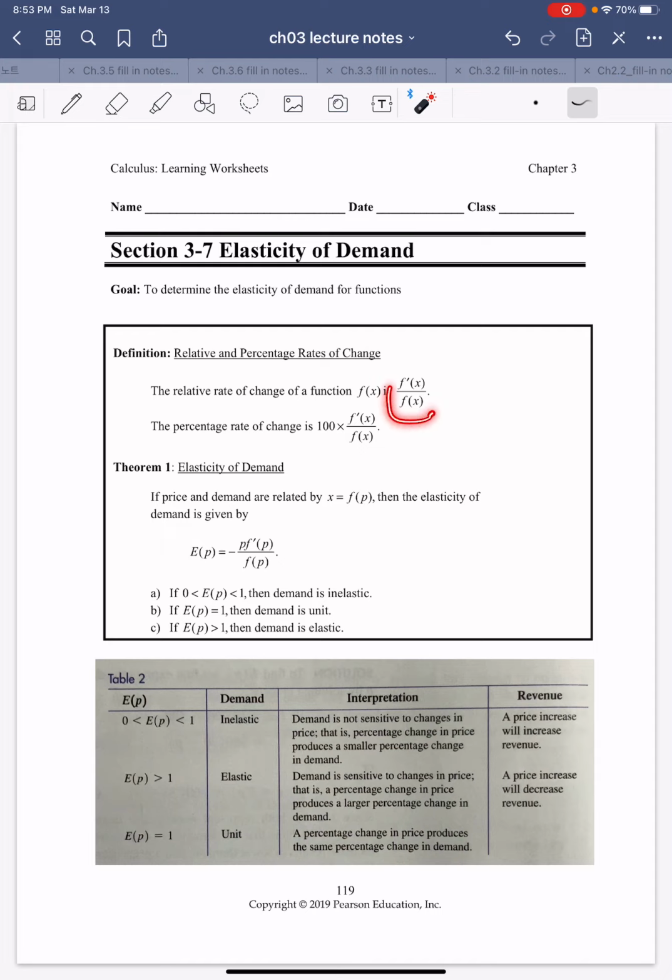Very similar to relative rate of change, except we have a p and the function is written as f of p, not f of x.